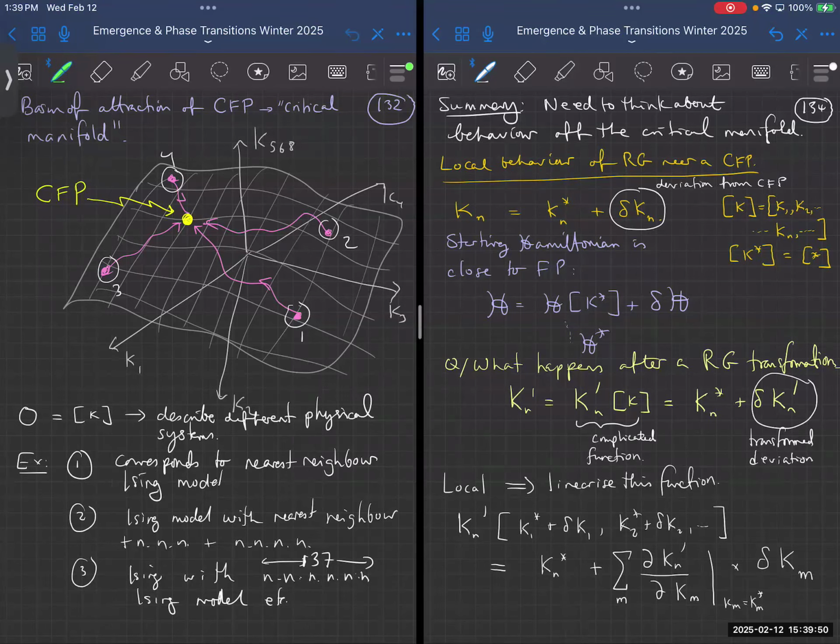Okay, so I take all the partial derivatives of this function. It depends on k1, k2, k3, all the way up to however many there are. So if I want to know how the nth component transforms, it will be some linear combination of the Taylor expansion of this multivariate function. So I've got this function, which I don't know. I take its derivatives with respect to all the Km's multiplied by delta Km, and that is this function. And then I have higher order terms, Km squared, which I have neglected.